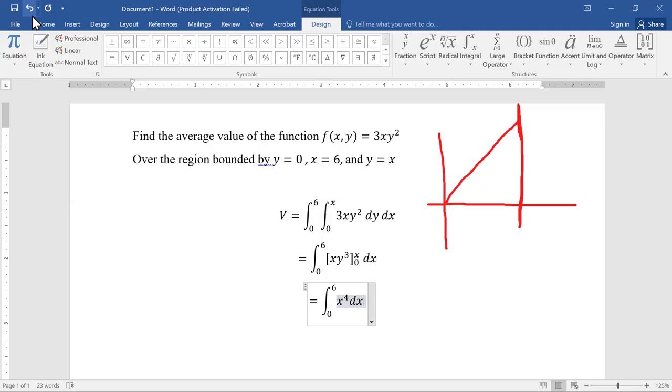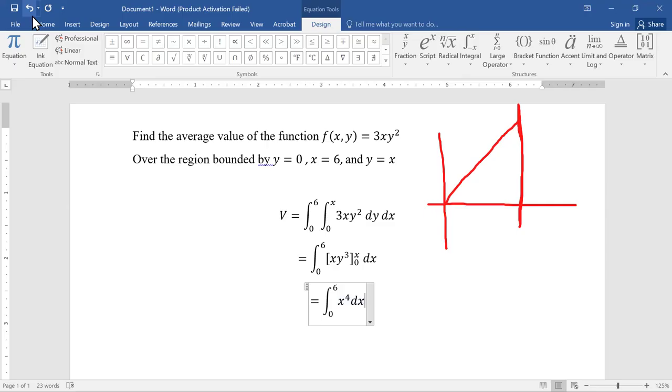So we're going to be integrating x to the fourth with respect to x from 0 to 6. Again, I'm going to use technology to simplify as much as I can. I get 1555.2.